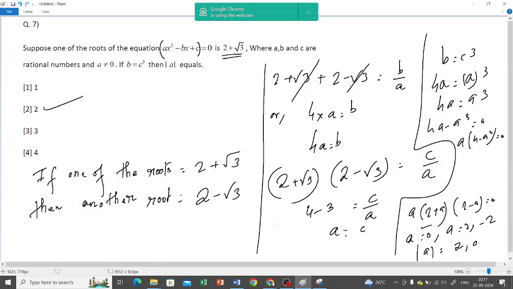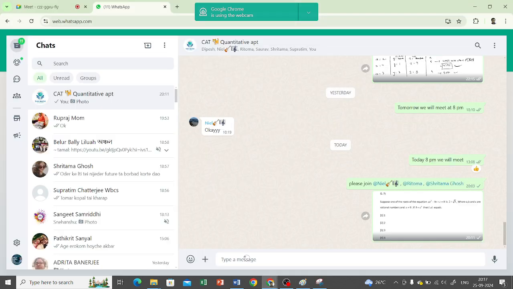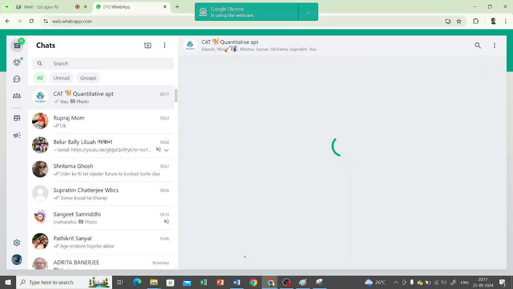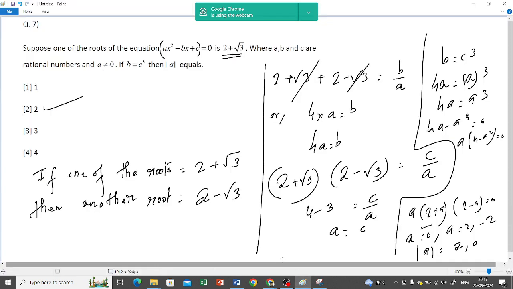Did you understand this, Shrutama, Ritama, Niladri? Yes, sir. Very simple sum. 2021 latest sum. Please copy this quickly and then we move on to the next one.